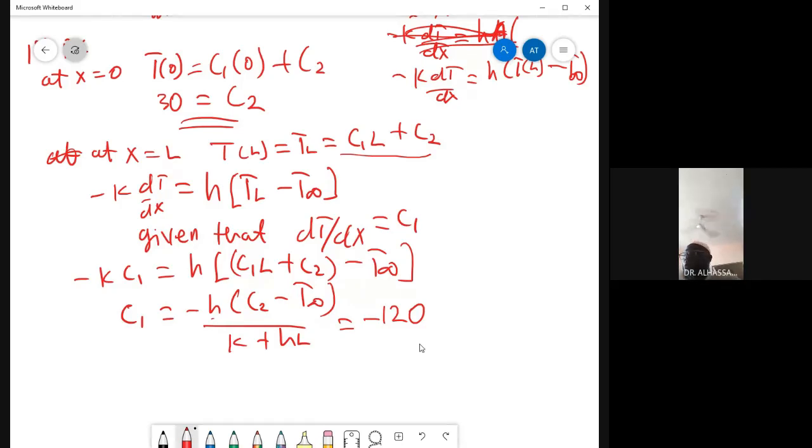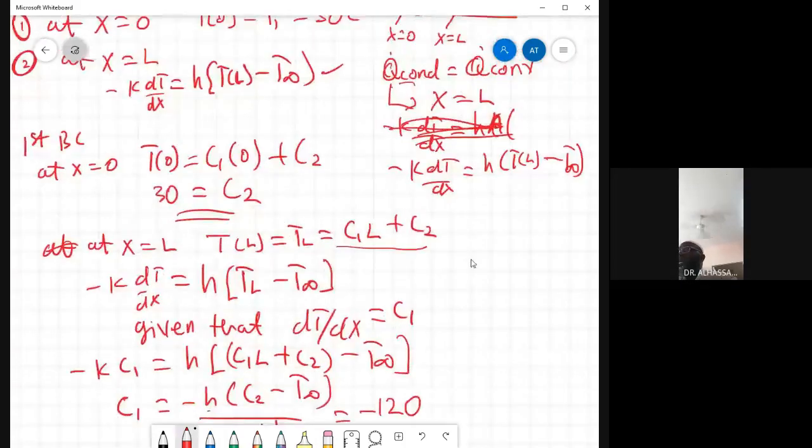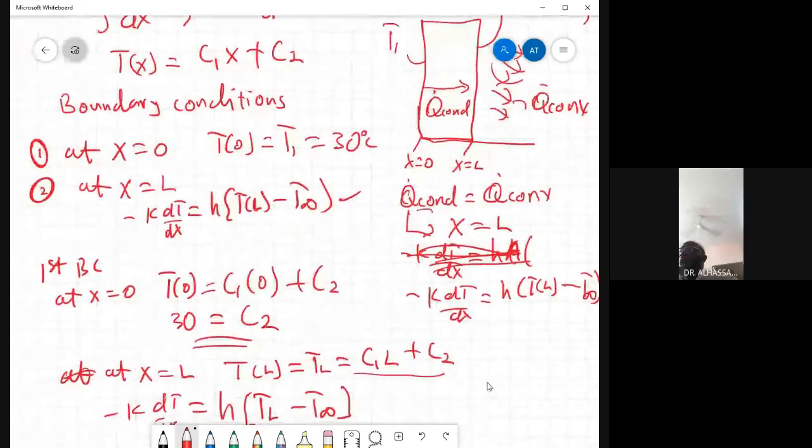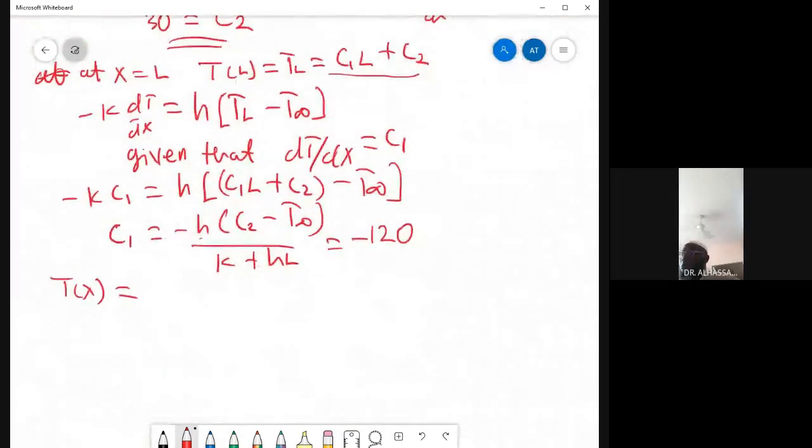Now we will substitute the value for C1 into the equation, then the value for C2 as well, into the general equation. So T(x), temperature as a function of x, equals C1x plus C2.